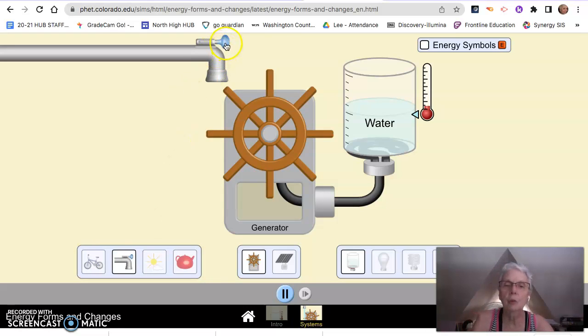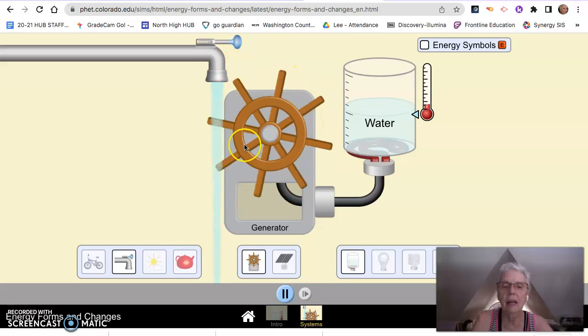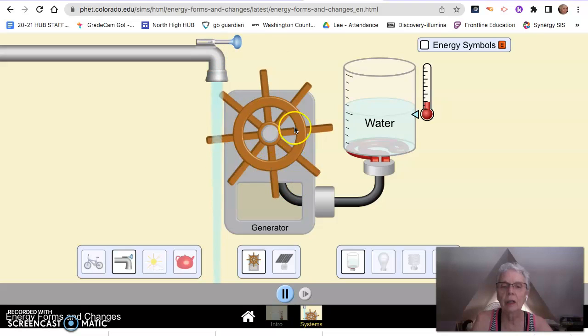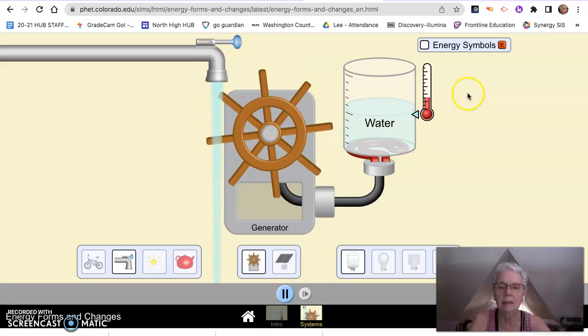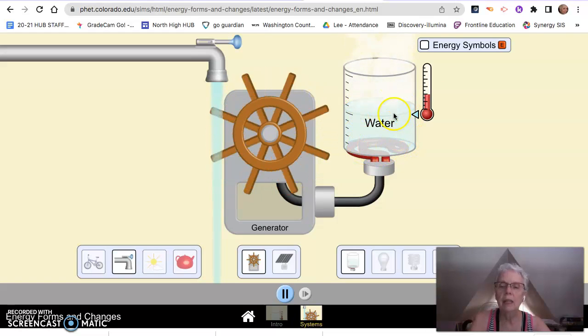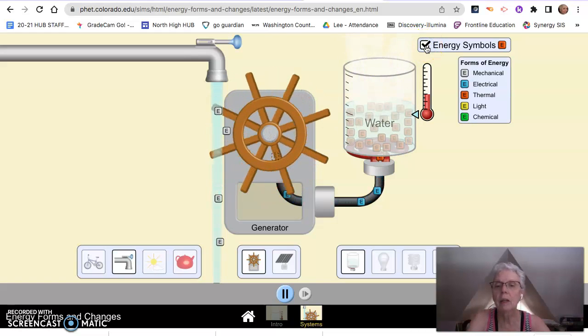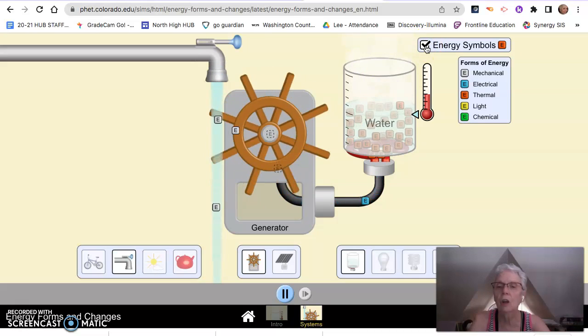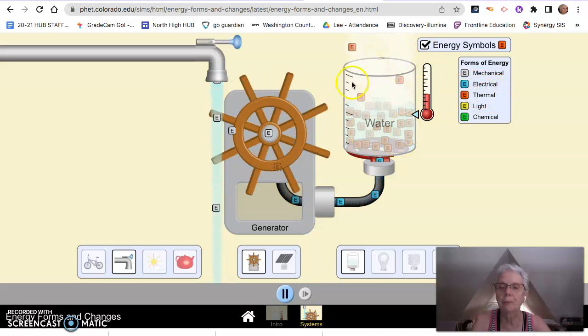To be able to turn this water on, you pull it out and it turns on. Notice that the generator is a spinning wheel in this particular case. We're looking to see if water will heat up. Notice it is heating up. If you want to see what energy symbols we have here, notice they're the red energy symbols, which is the thermal.